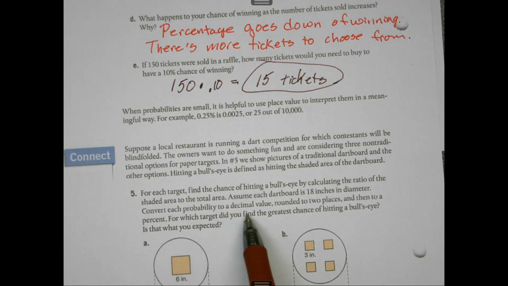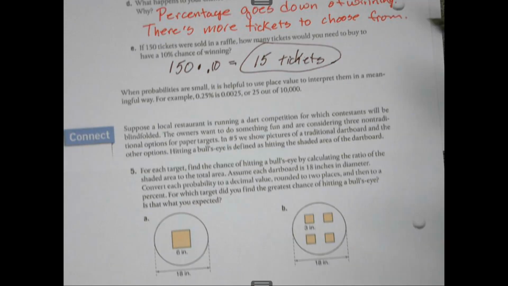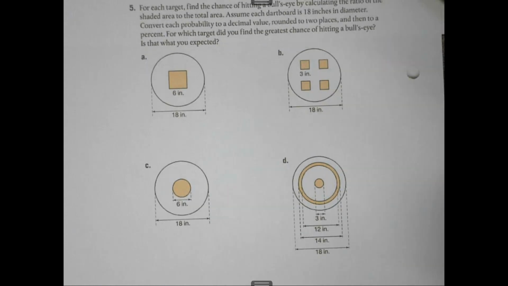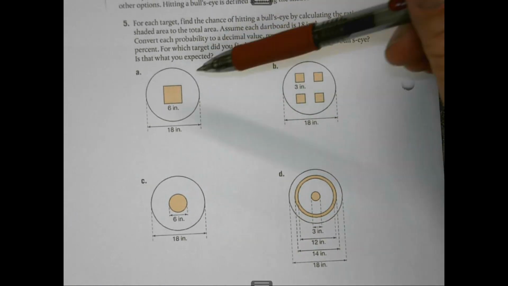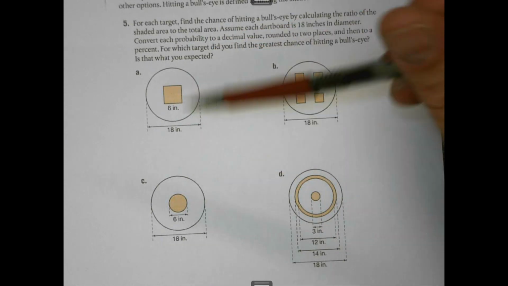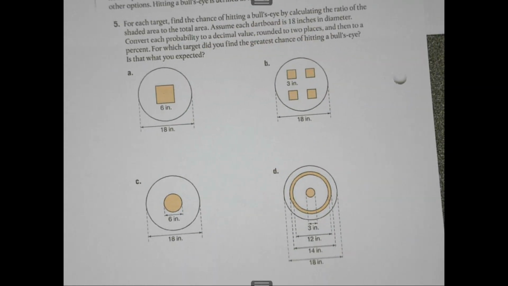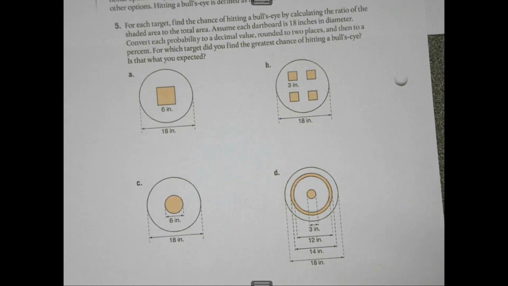The total area is pi r squared, so pi times 9 squared. My radius is half of 18, so the total for the circle is 81 pi.